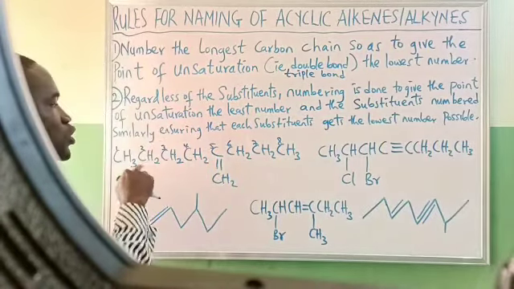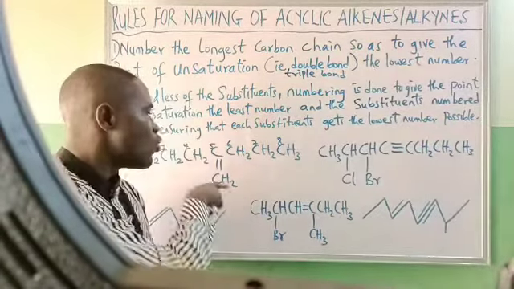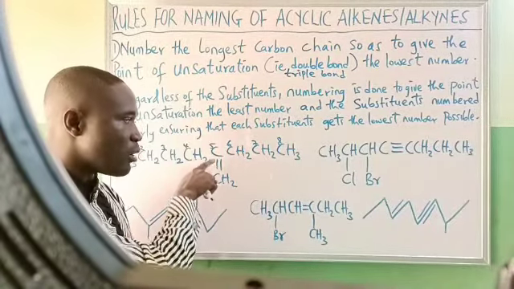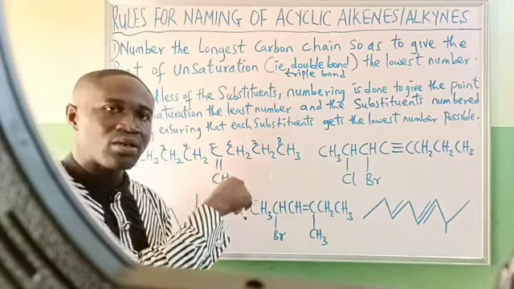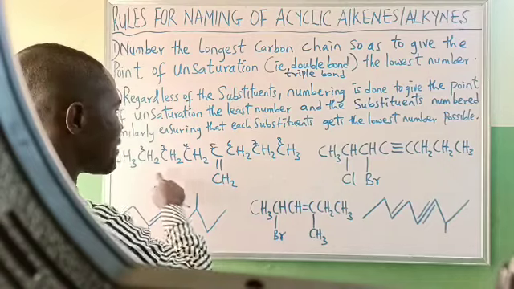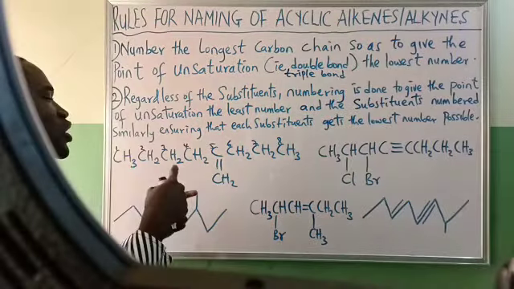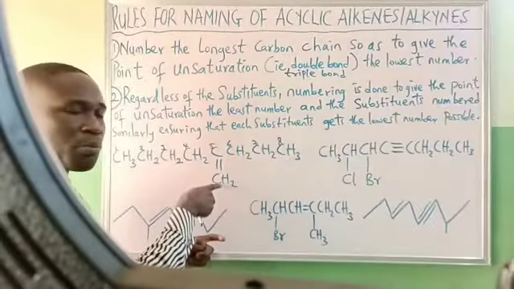And so we shouldn't number straight, because numbering straight will not give any number to this double bond, which is the main parent compound. So this is from an alkene because of this double bond. So we have to number so that it will take care of this double bond.